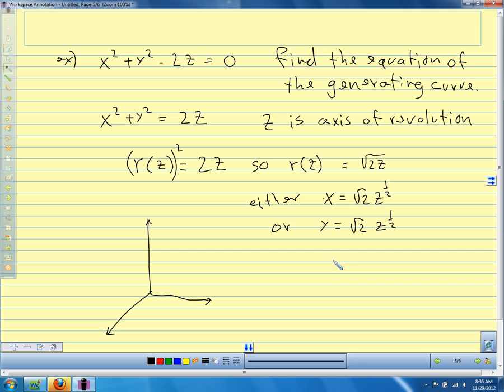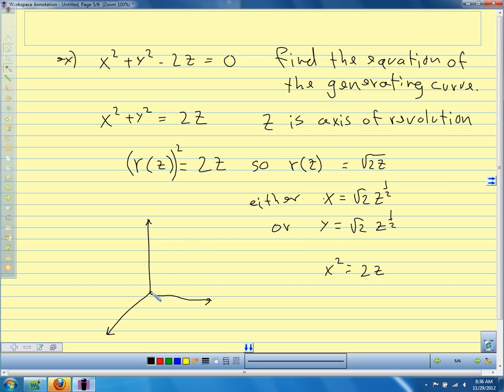I could square both sides and say x squared equals 2z. Could you just say z equals x squared over 2? Yes, x squared over 2, and that is a parabola.